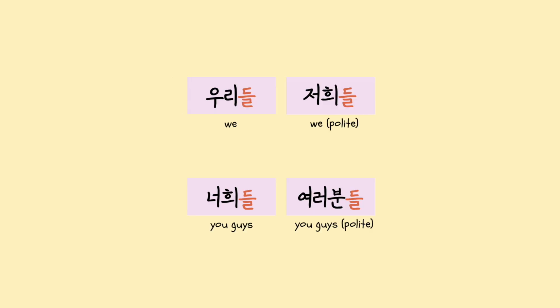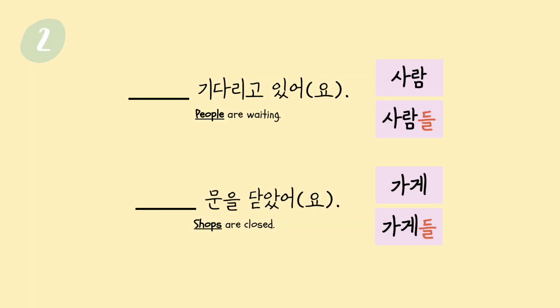Similarly, 우리들, 저희들, 너희들, 여러분들 can also be said without 들 because there's a clue in the meaning. 사람, 사람들, 가게, 가게들.